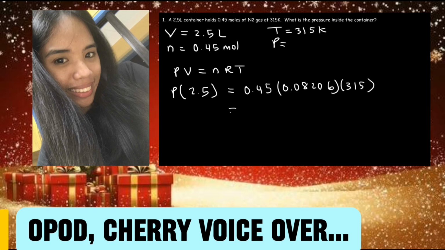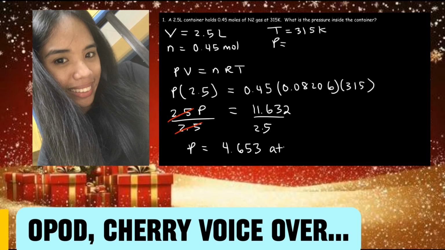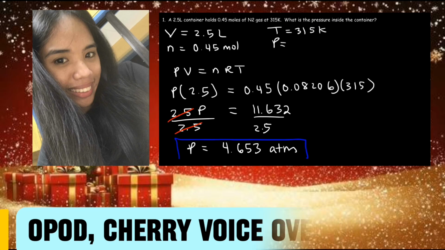So that's equal to 11.632. Now, to get P by itself, we've got to divide both sides by 2.5. So it's 11.632 divided by 2.5, and that's going to give you a pressure of 4.653 ATM. And so this is the answer to this problem.